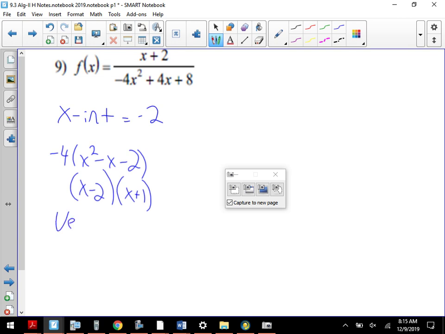So vertical asymptotes at x equals 2 and -1. The degree of the numerator is 1 less than the degree of the denominator, so that means our horizontal asymptote is at 0, I believe. Is that right?